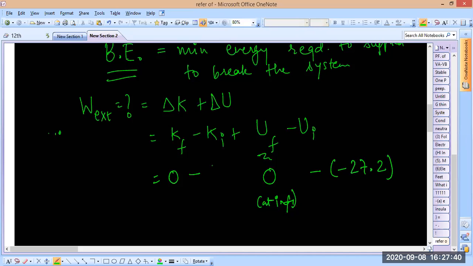Half of potential energy in value. Did you understand this step? Is this clear? Yes or no?